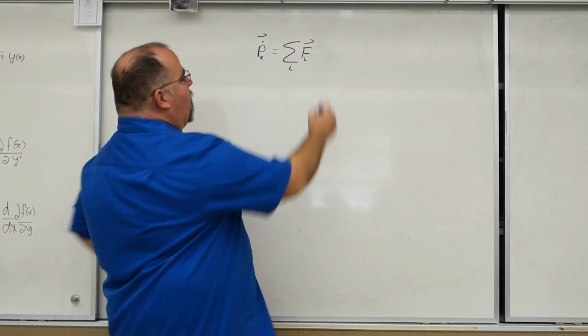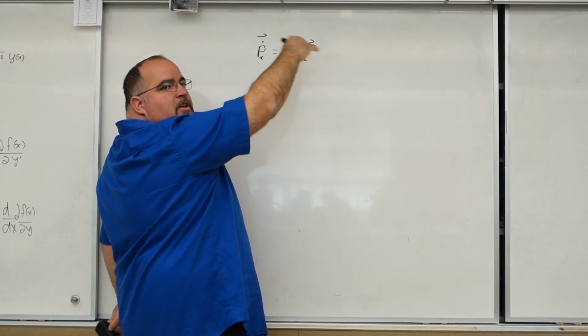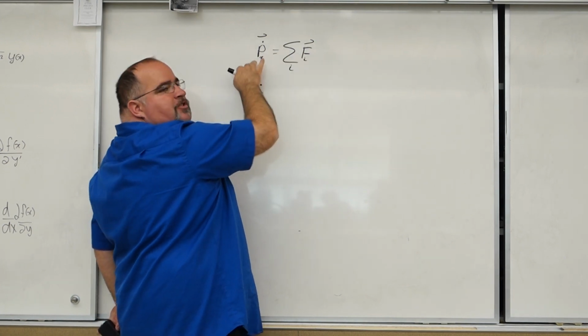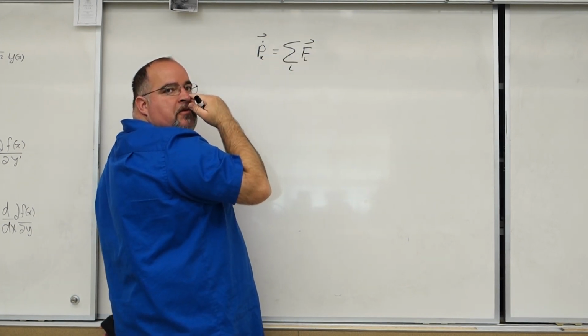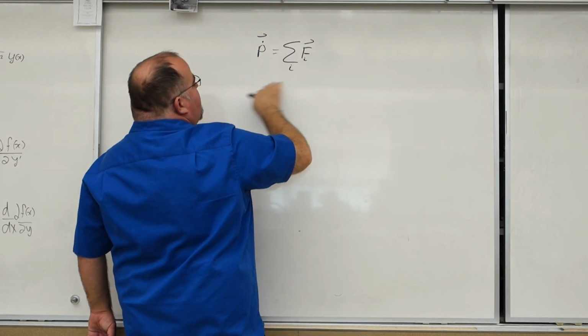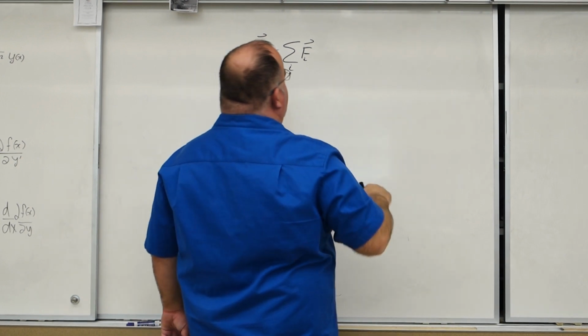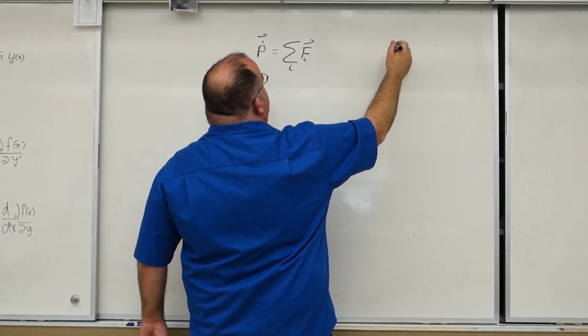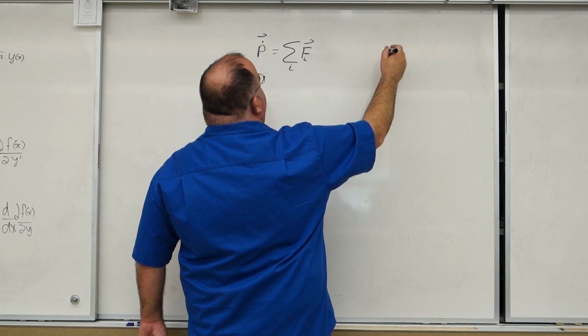That means there's no square or square root or anything like that. If you double this, you double that. That's our linear relationship. These are vectors, but you can break them up into components, just like regular vectors. So we can talk about the sum of the forces.